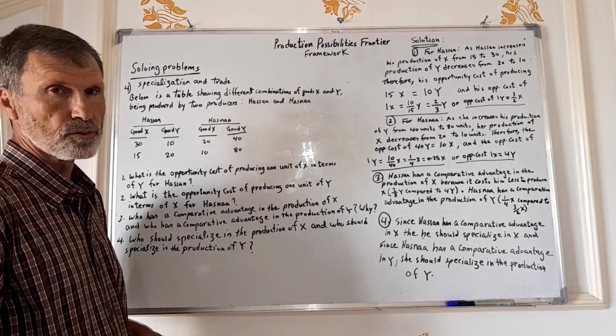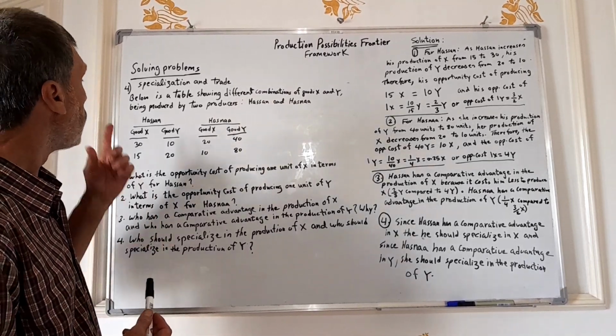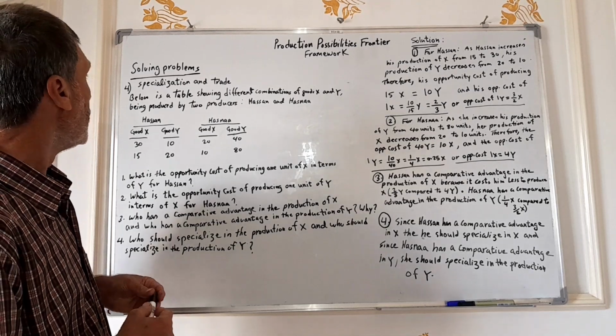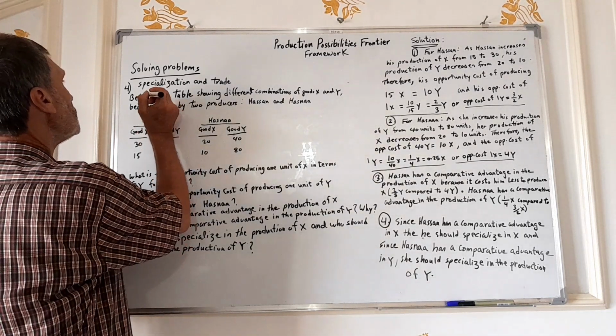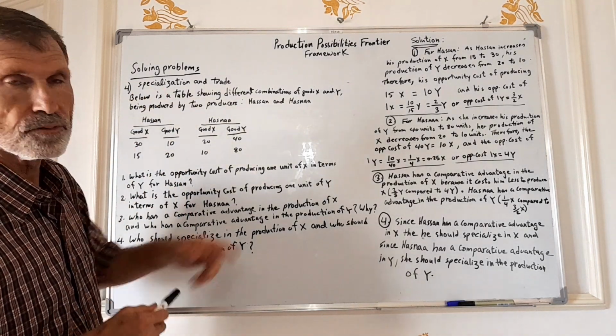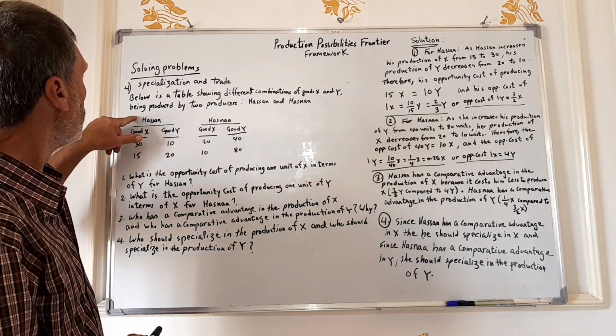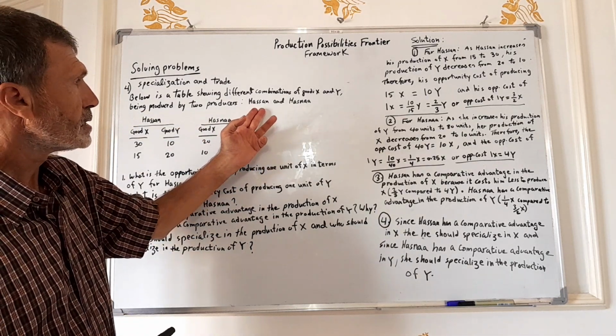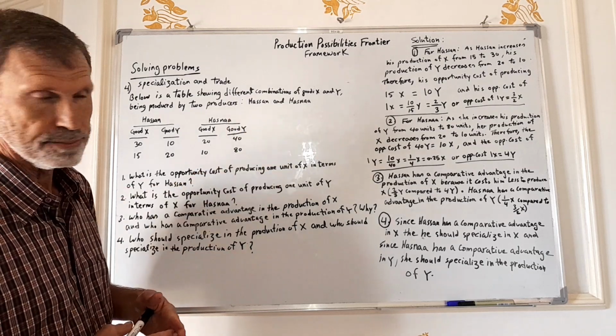Okay, now we move to another problem, number 4. It talks about specialization and trade. Below is a table showing different combinations of goods X and Y being produced by 2 producers, namely Hassan and Hasna.